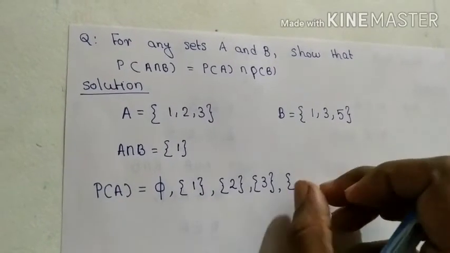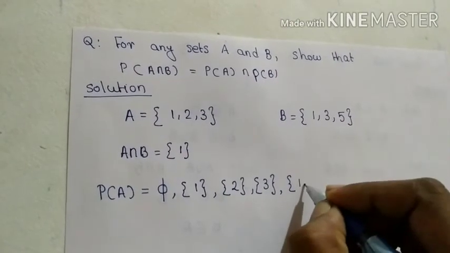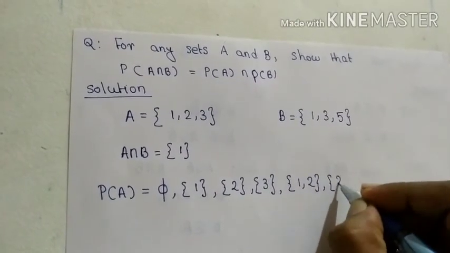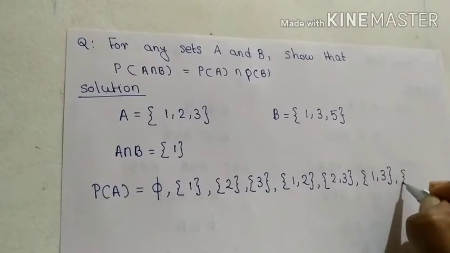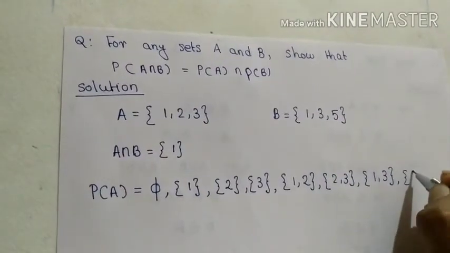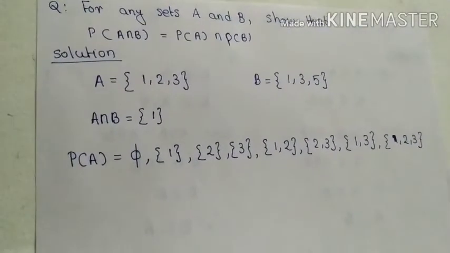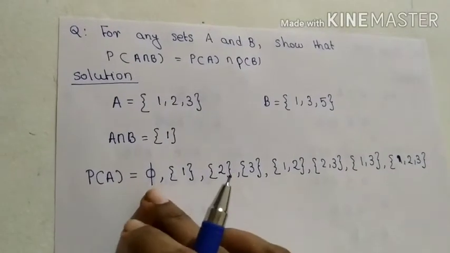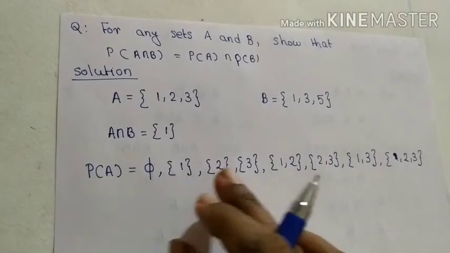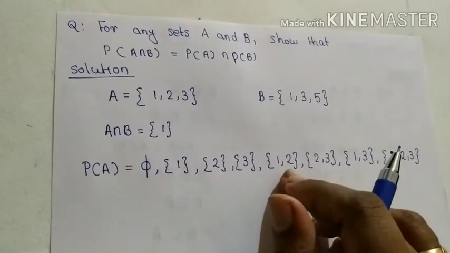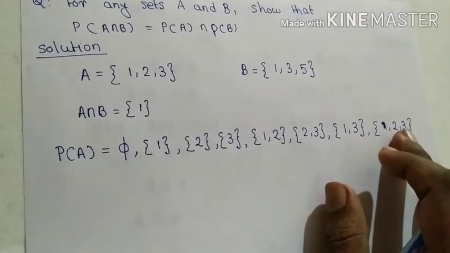Next the sets containing two elements {1, 2}, {2, 3} and {1, 3}. The last one is our set A itself, {1, 2, 3}. So P of A equals the null set, {1}, {2}, {3}, {1, 2}, {2, 3}, {1, 3} and the last, the set A itself.